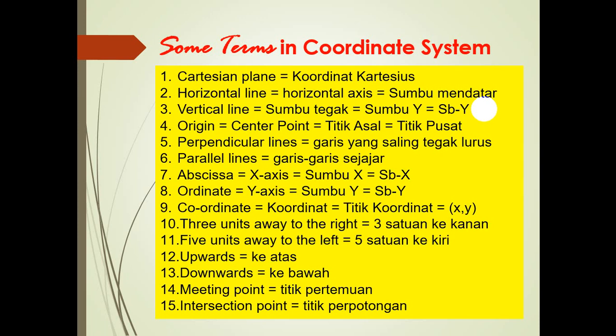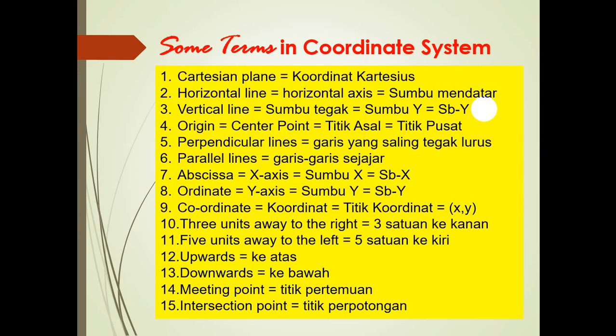Perpendicular lines means garis yang saling tegak lurus. Parallel lines, garis-garis sejajar. Abscissa, x-axis, sumbu X. Ordinate, y-axis, sumbu Y. Coordinate, koordinat, titik koordinat, x and y. 3 units away to the right means 3 satuan ke kanan. 5 units away to the left means 5 satuan ke kiri.